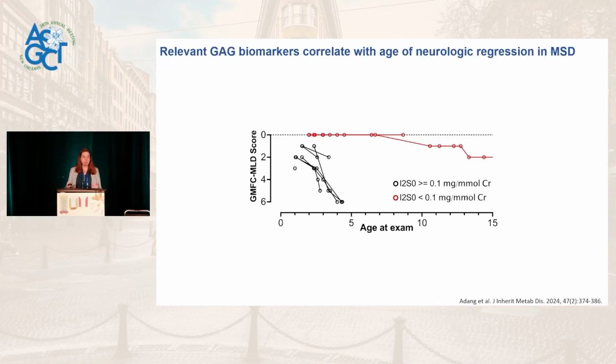And so to do that, we started laying over those regression maps that I showed, essentially the loss of motor skills. And we found that patients that had higher GAG accumulation of those key biomarkers, shown in black, tend to progress earlier than patients with more attenuated forms, or lower levels of those biomarkers, who progressed later.